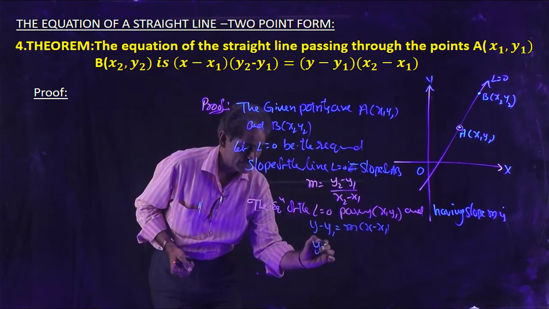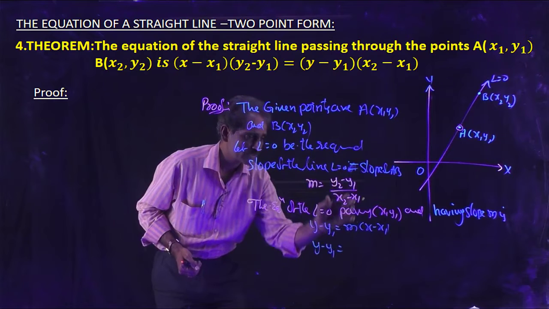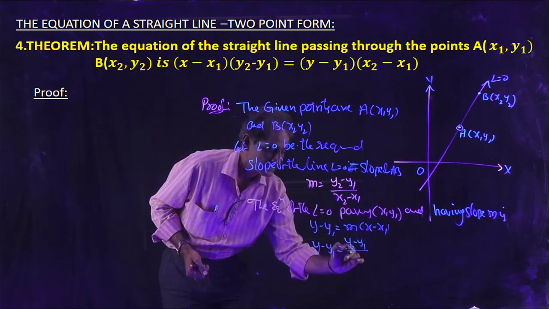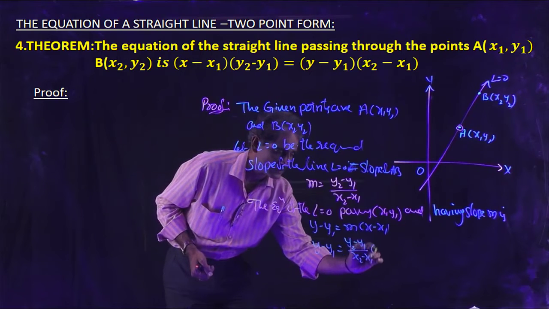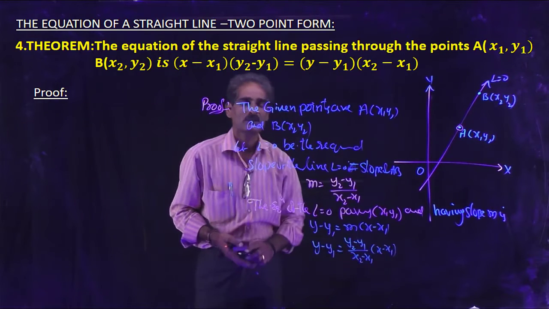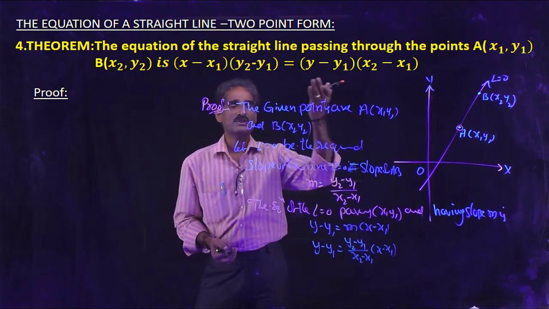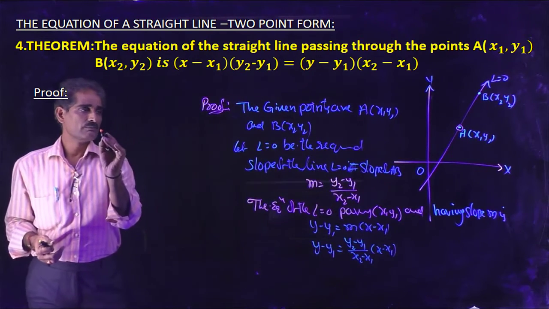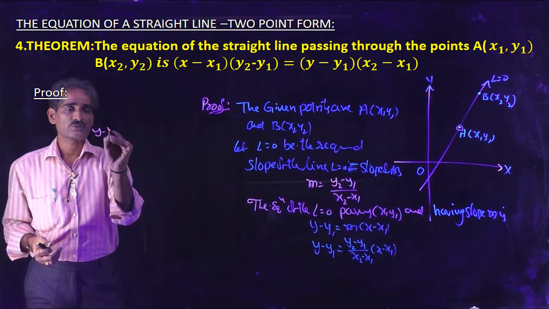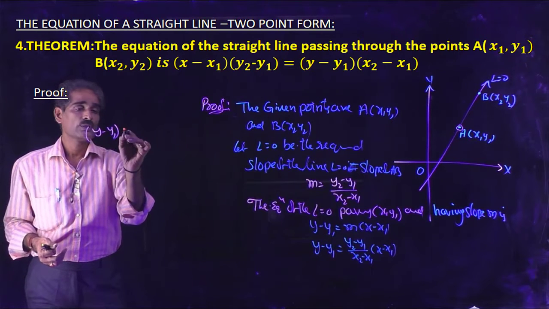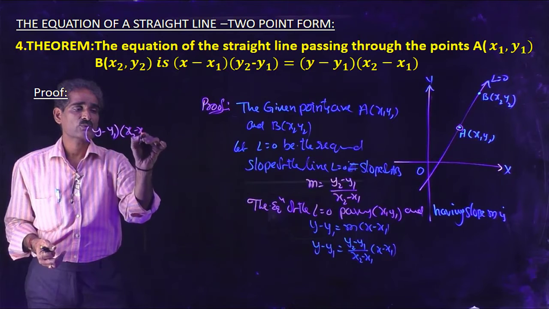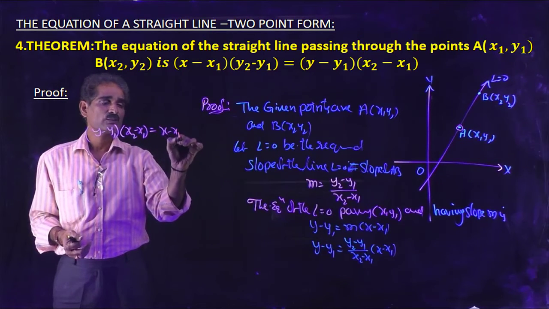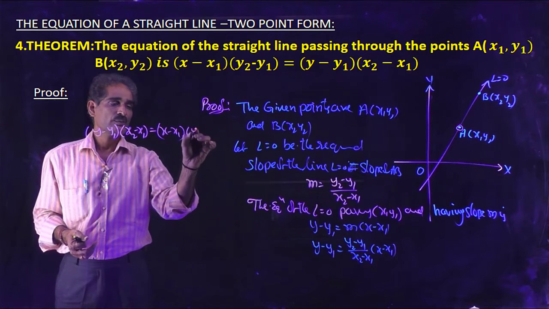Now the required equation becomes, just substitute the slope value, (y2 minus y1) by (x2 minus x1) into (x minus x1). Now from this we will get the equation of this line. So from this, (y minus y1) into (x2 minus x1) is equal to (x minus x1) into (y2 minus y1).